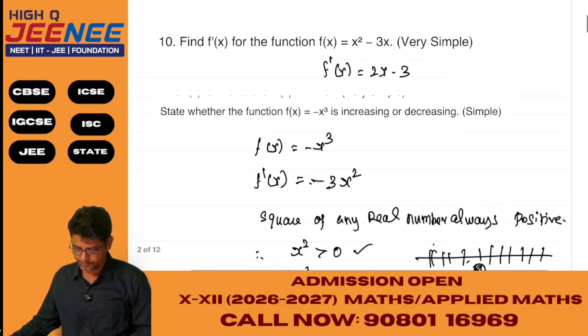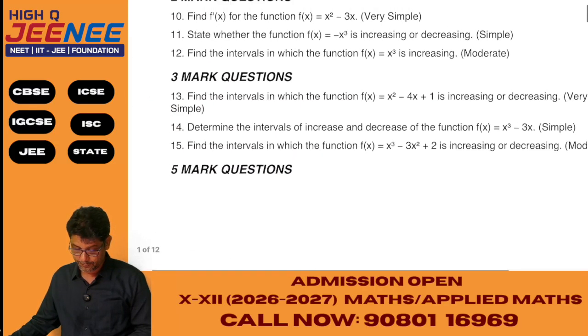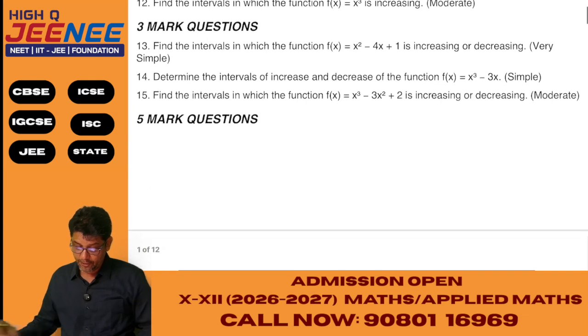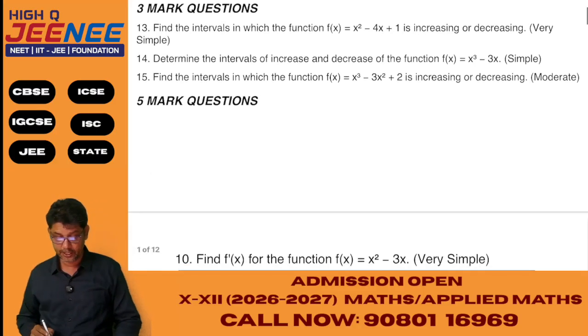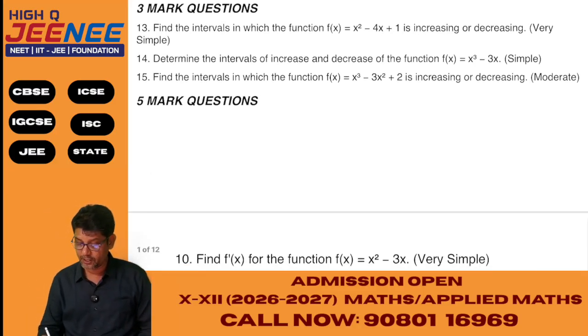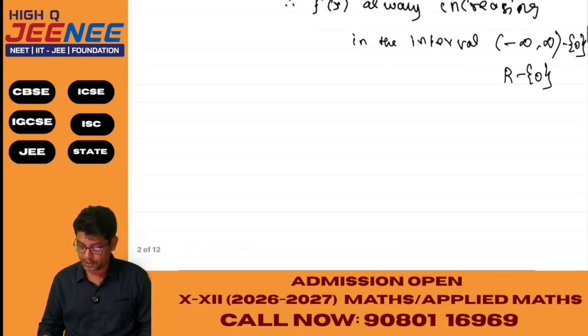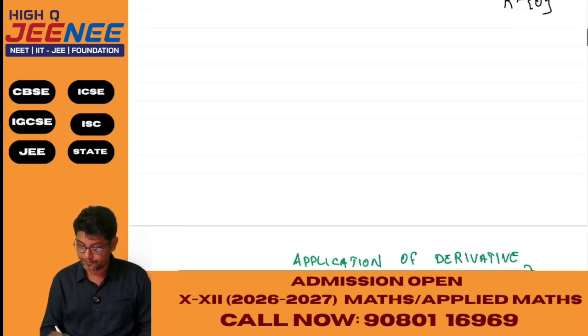Next. Find the intervals in which the function f of x is equal to x square minus 4x plus 1 is increasing or decreasing. Okay, listen here. What is f of x given? x square minus 4x plus 1.